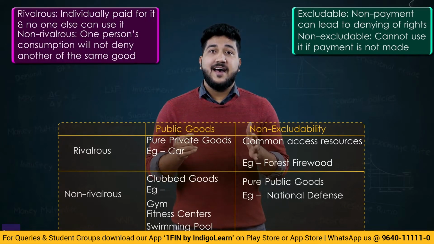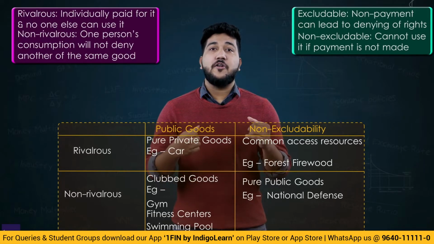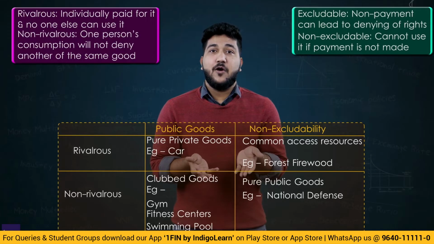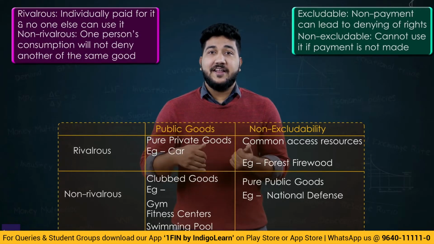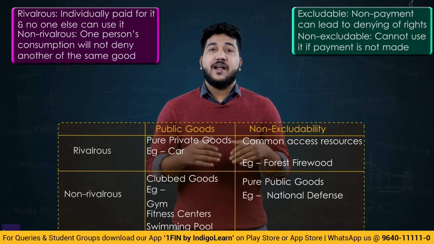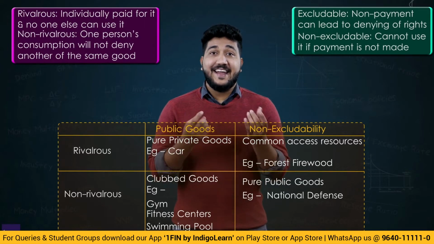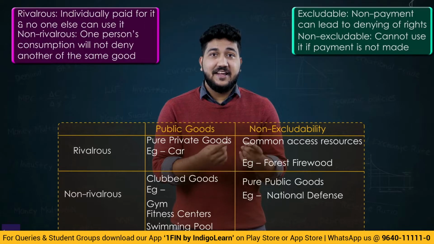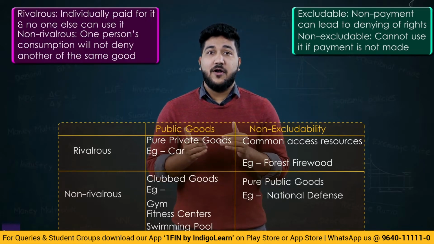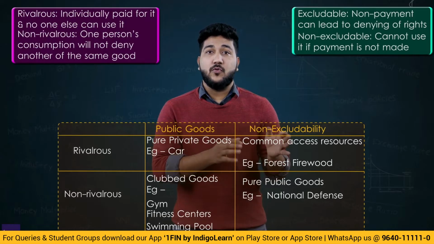These goods are non-rival in nature and non-excludable, which means one person's feeling of security will not reduce another person's feeling of security. At the same time, you do not have to pay anything directly in order to get protection from the Indian military. Yes or no? Correct? That is why they are called pure public goods.